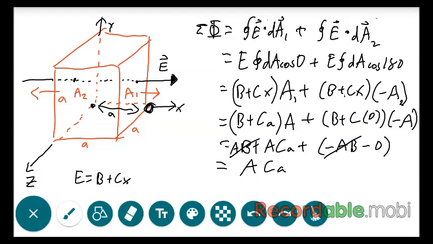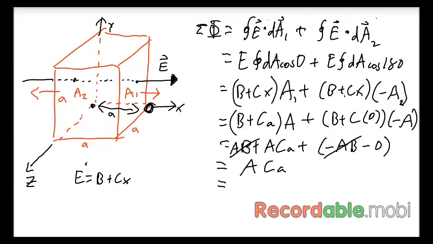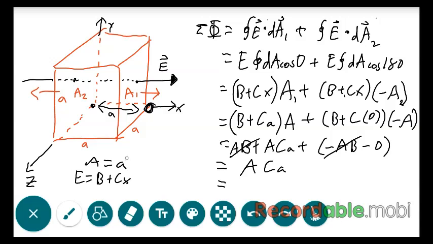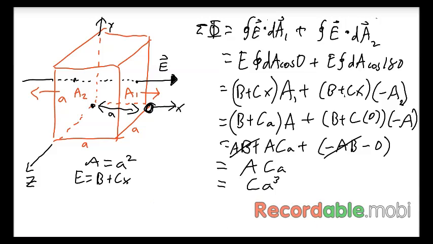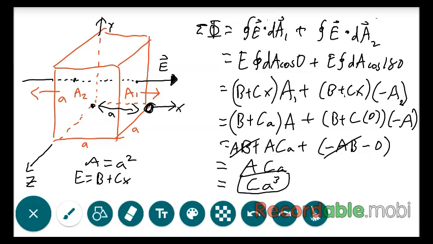A is the surface area of one side. And since this is a cube with side length a, uppercase A is equal to a squared. So therefore, the answer is C little a cubed. So that is your net flux.